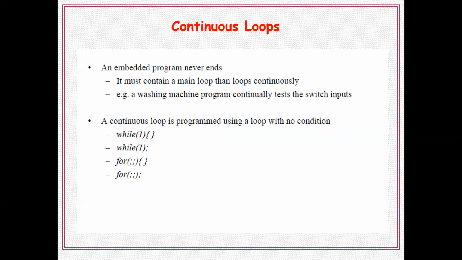For example, a remote controller continuously monitors the input: is any key pressed or not? Continuously monitoring. So almost 99% of embedded systems are in a continuous loop only. That's why we write programs as continuous, repeated.